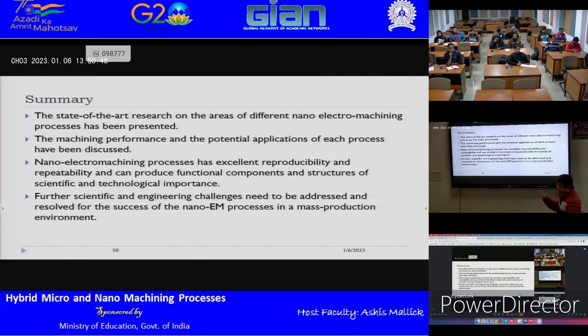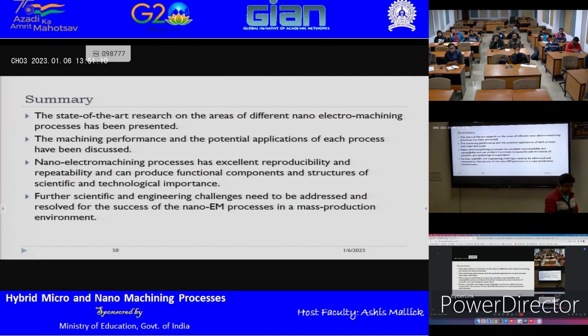So remember, I mentioned I'm just covering the electromachining processes like EDM and ECM at nanoscale. But there are researchers who have done lots of research on nanomechanical milling. Okay, they used AFM to contact, just like a milling process, and they come up with different tool geometry. So if you are interested in that, you can find a lot of papers on that as well.